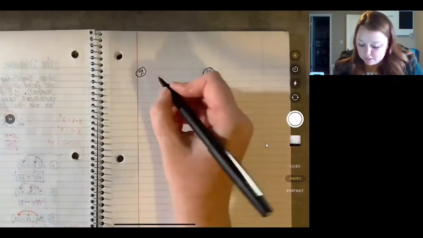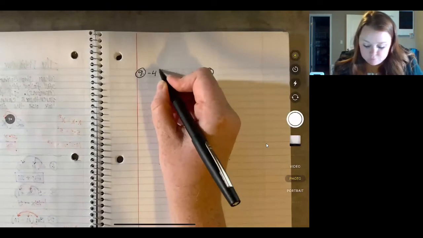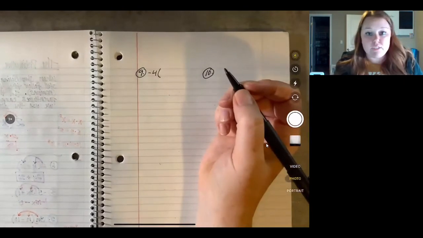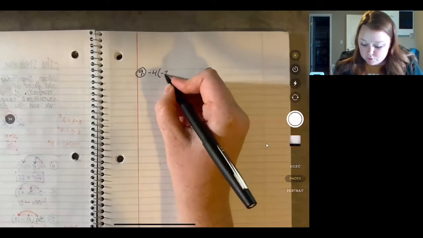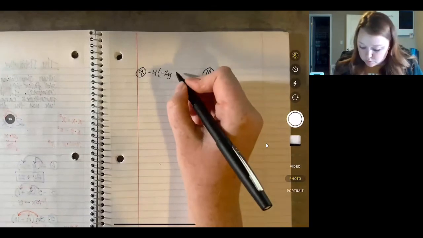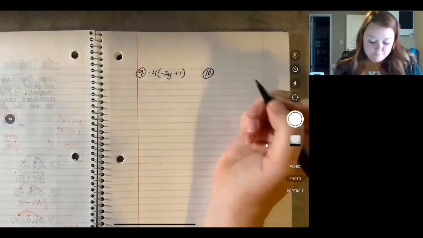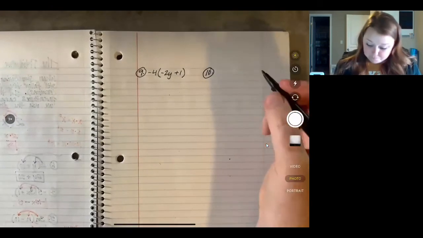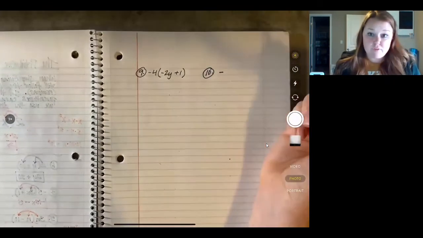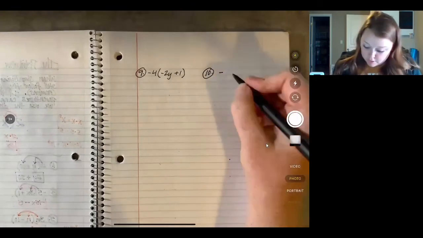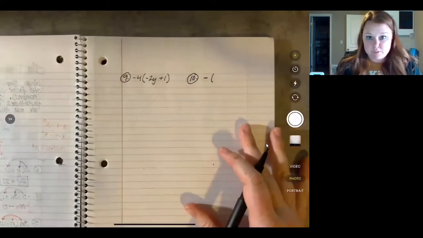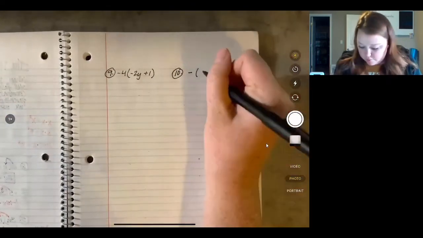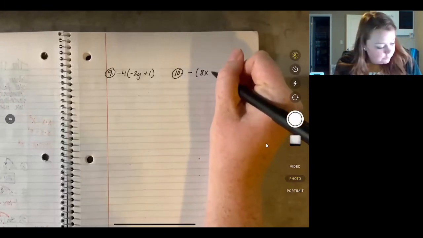Here's number 9. -4 is out front. On the inside, you have -2y plus 1. Number 10, there's just a negative out front. And on the inside of the parentheses, you have 8x minus 3.